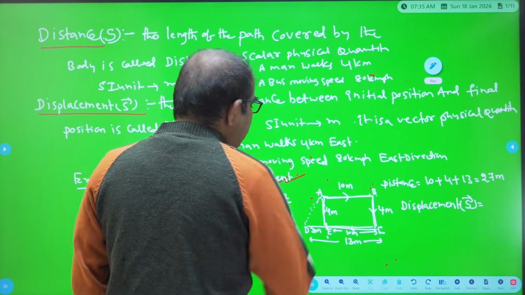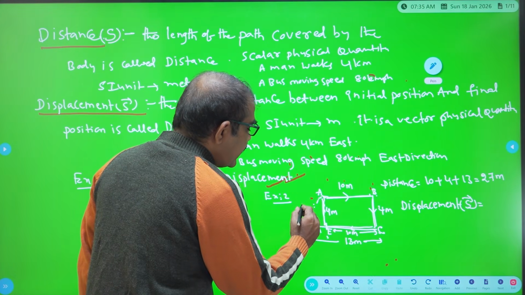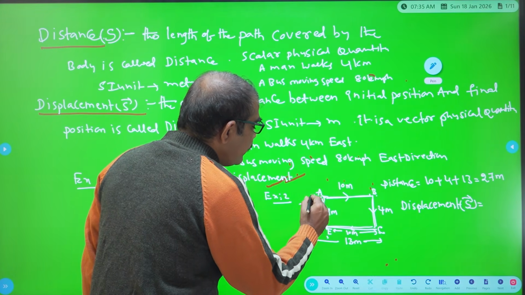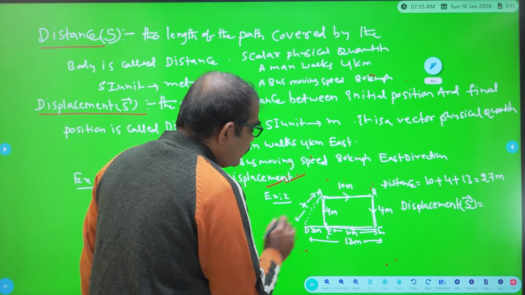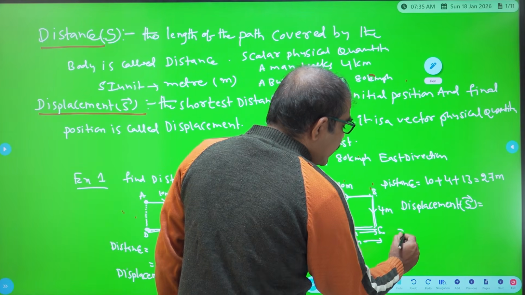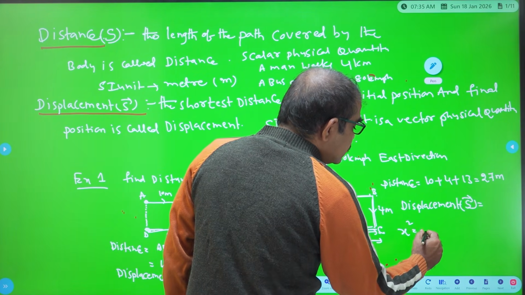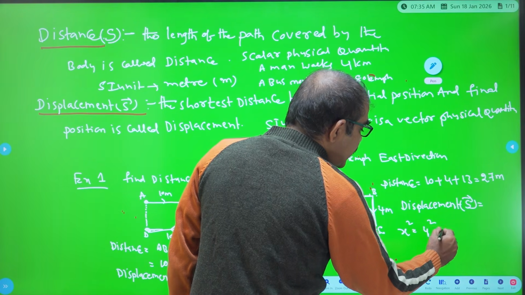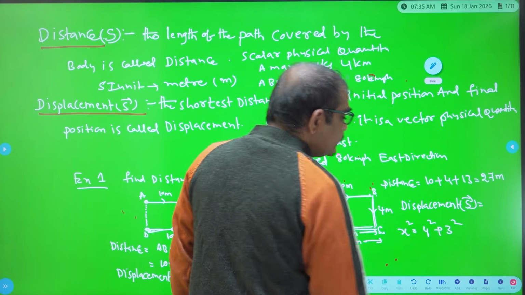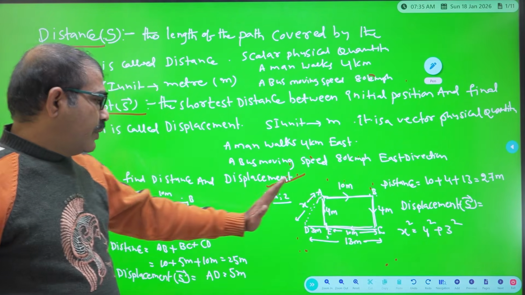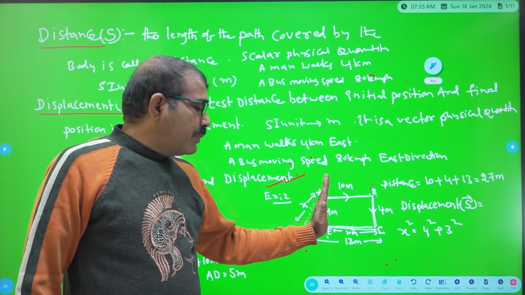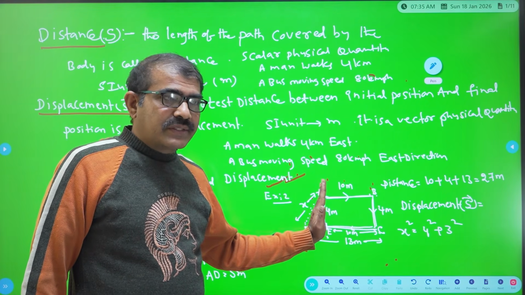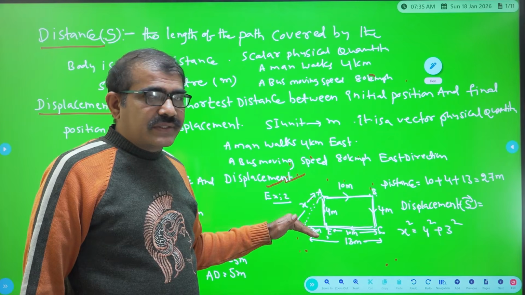I am taking the hypotenuse length as x. The formula: hypotenuse square is equal to opposite side square plus adjacent side square.